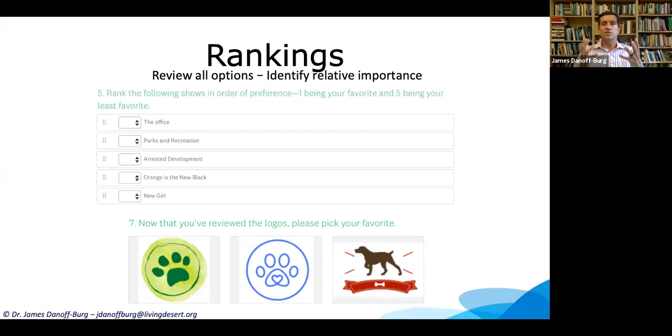Okay? As long as you're clear with your instructions, rankings can be very important and very helpful. And that card sort tool is very useful with these rankings as well. It's a good tool to have for this kind of an item.